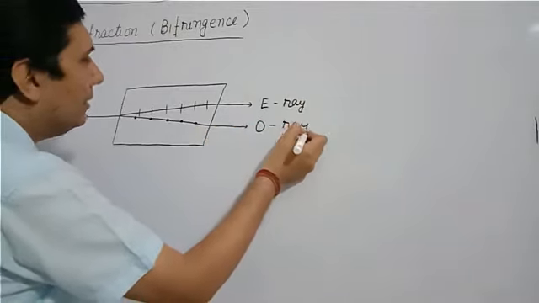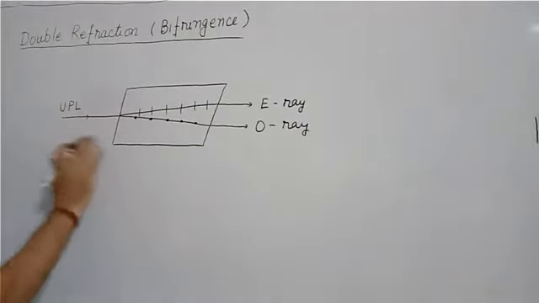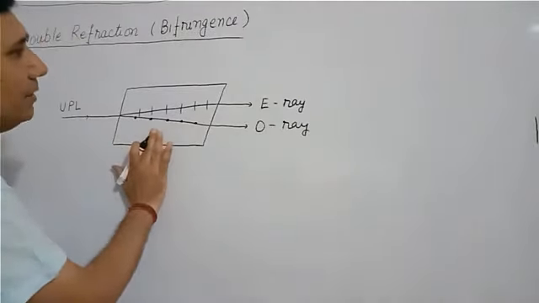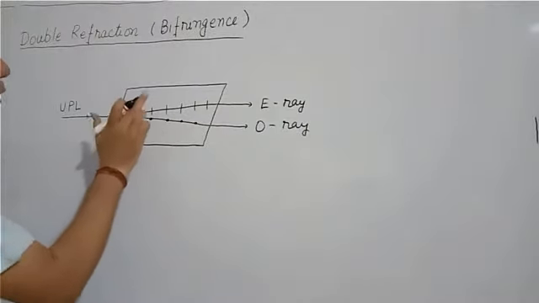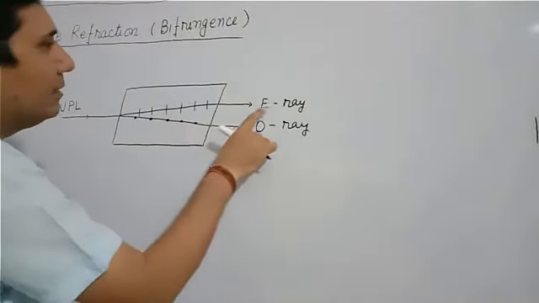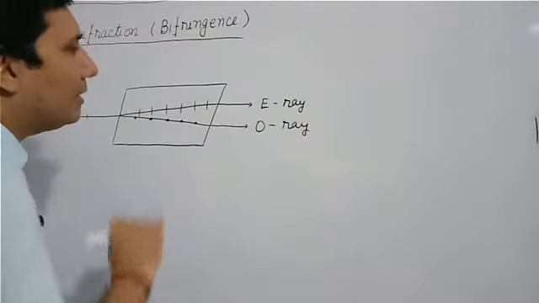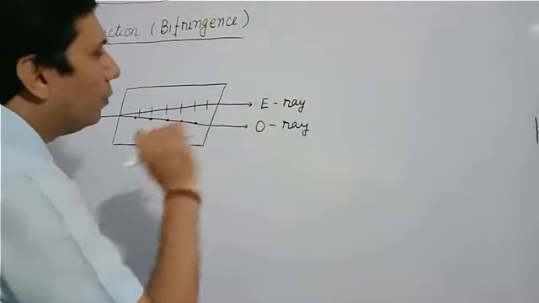So basically, if unpolarized light is incident on a doubly refracting medium, then in this doubly refracting medium there will be two refracted rays corresponding to one incident light, and one ray is known as E ray or extraordinary ray, another is known as O ray or ordinary ray.